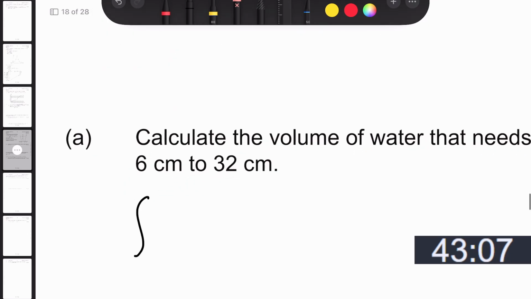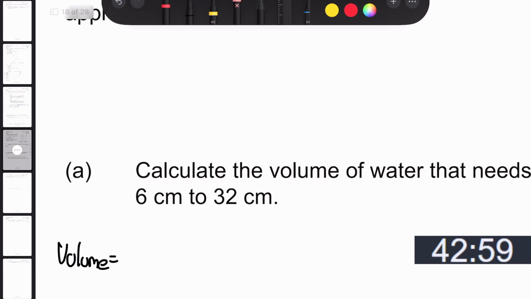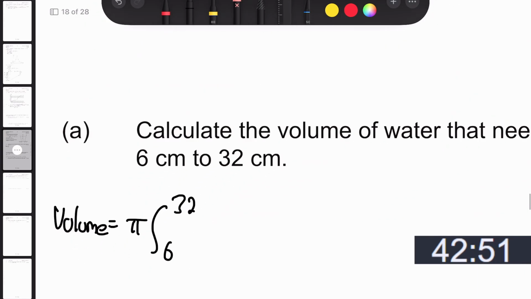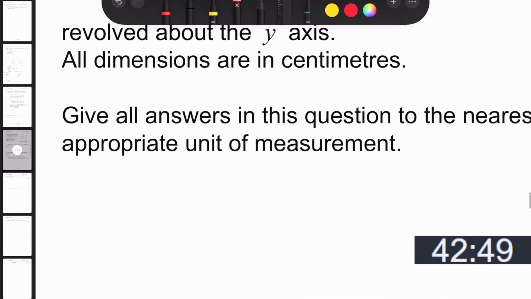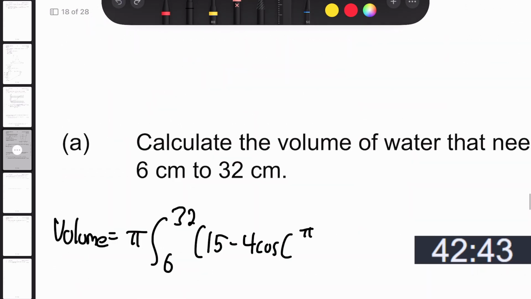So we could go from volume is equal to pi, and it's going to go from 6 to 32. Sorry. Integral from 6 to 32 of 15 minus 4 cosine of pi y on 40, squared, dy.